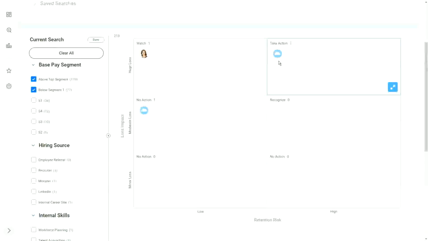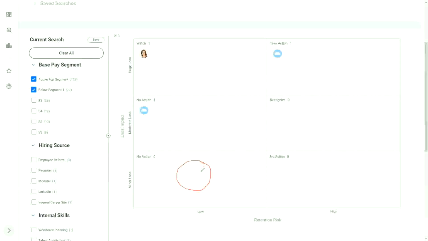In which set of employees? So if somebody is in this box, will the manager be too worried about people in this box? Minor loss. Anyway, they are not leaving. It's a low retention risk.